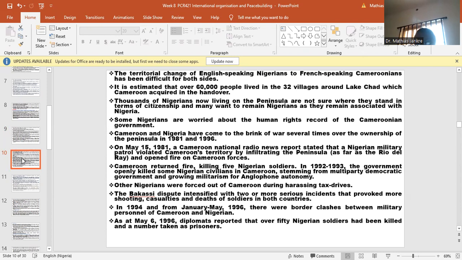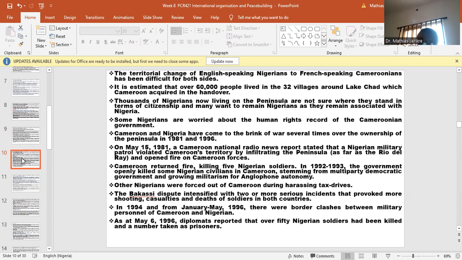In 1992 and 1993, the government openly killed some Nigerian civilians in Cameroon, stemming from the multi-party democratic government and the growing militarism of the Anglophone autonomy movement. Although Nigerians were forced out of Cameroon during harassing tax drives, the Bakassi dispute intensified with two or more serious incidents that provoked more shooting, casualties, and deaths of soldiers in both countries.